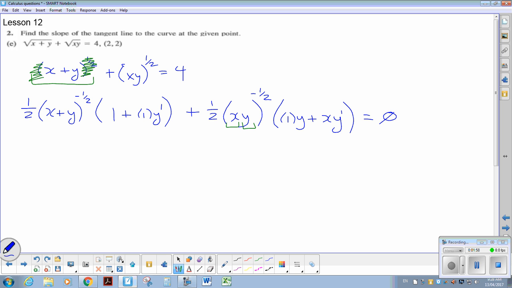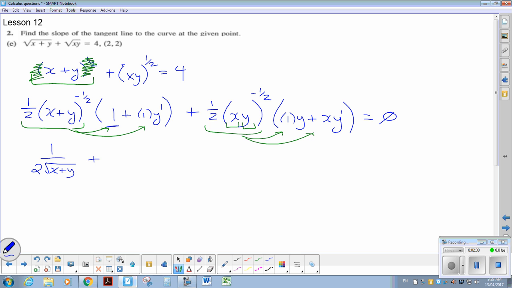So this now needs to be simplified because we've got to find the value of y prime. We've got to isolate y prime. We have a single term here, and we need to distribute it into this binomial. Same thing here. We have a single term. We're going to have to distribute it in. So this first term is really 1 over 2 root x plus y, and when you multiply it by 1, it stays that way.